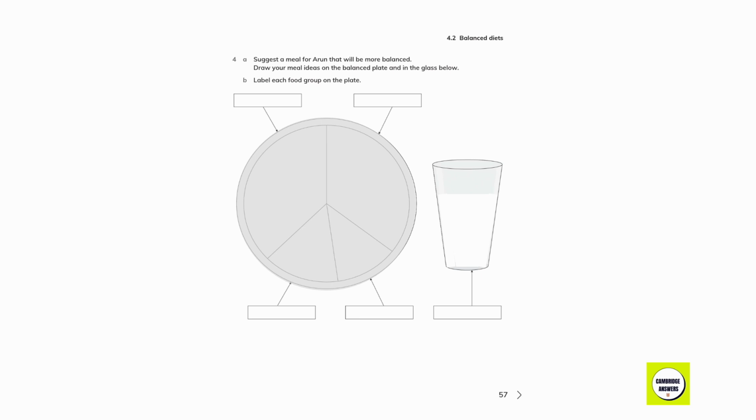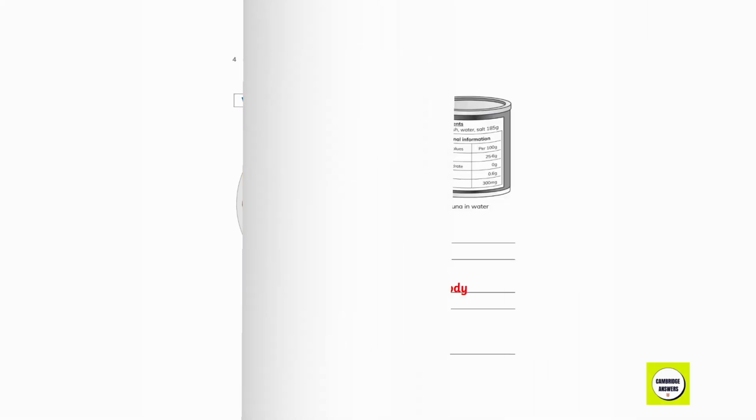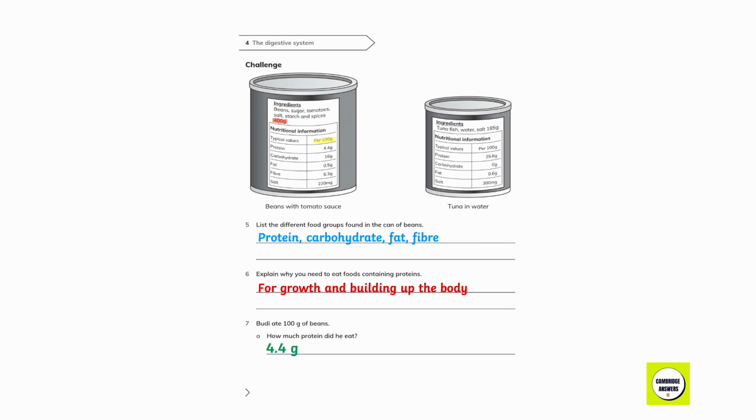Draw your meal ideas on the balanced plate and in the glass below. Label each food group on the plate: protein, vegetables, grains, fruits, and dairy. Challenge. We have 2 cans, beans with tomato sauce, and tuna in water.